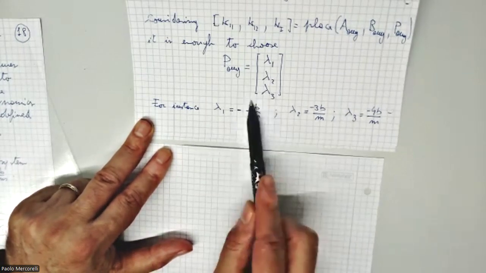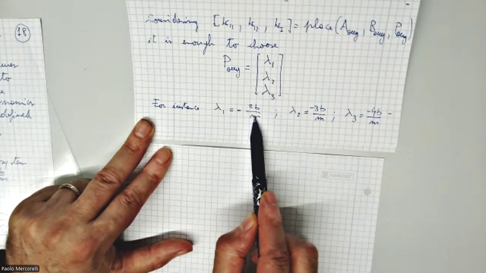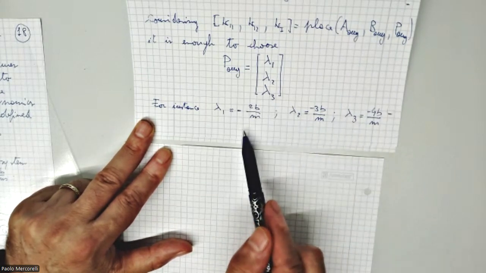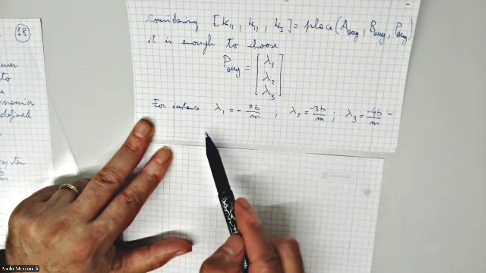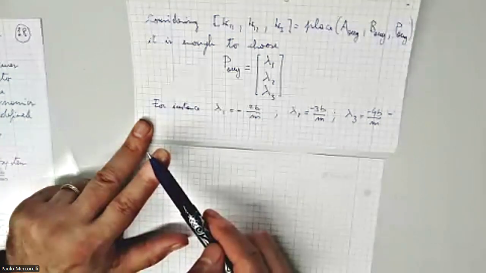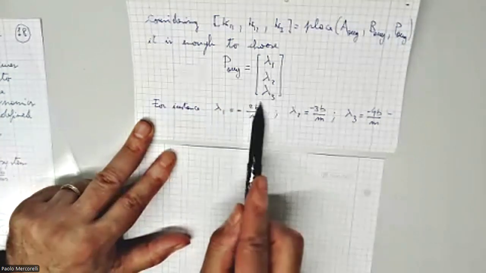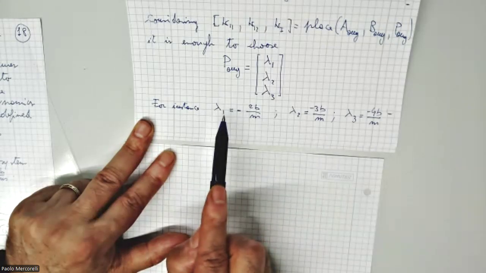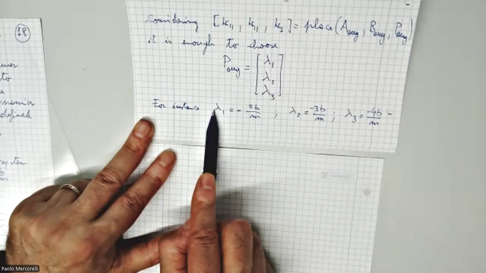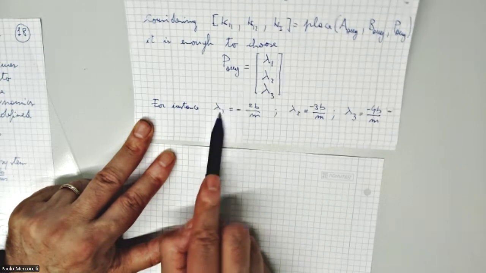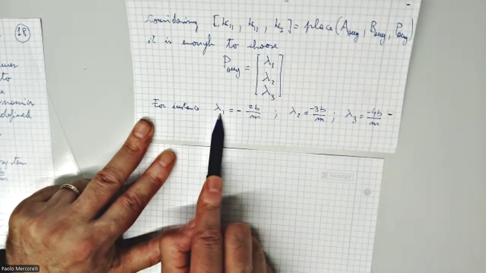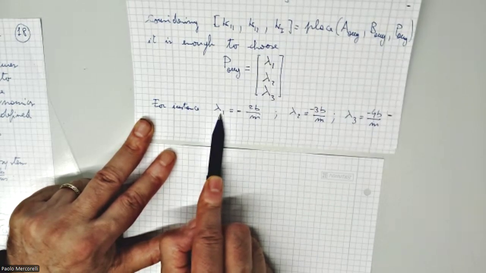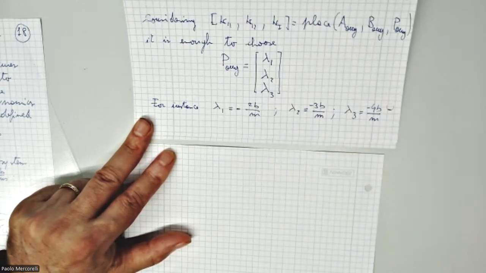Why I'm considering this, and then 3 times, 4 times, because you remember last time I told you the dominant dynamics is this one, which is the minimal real part of the eigenvalue in absolute value. And we come back to this a little bit better in a few seconds.